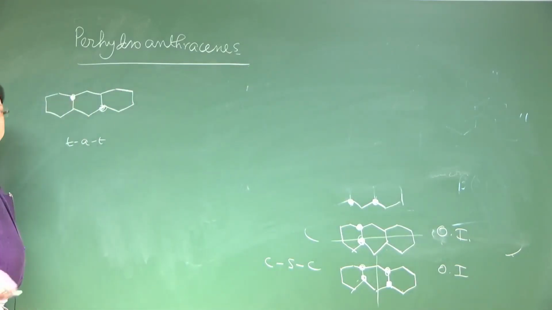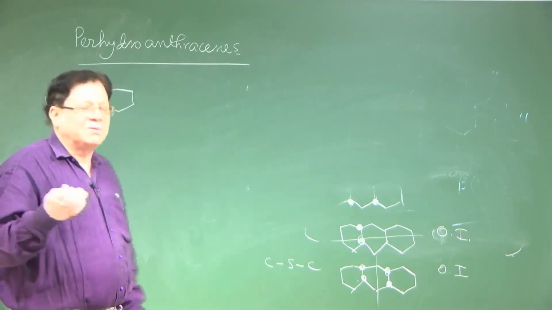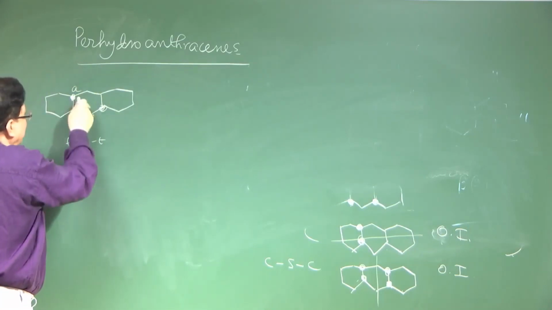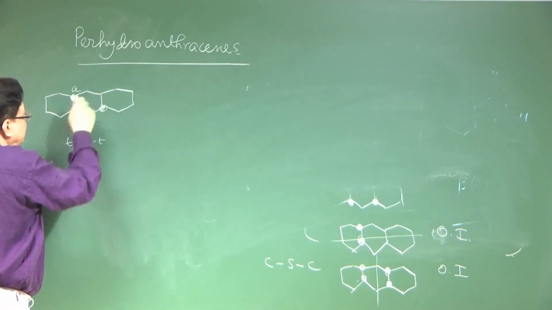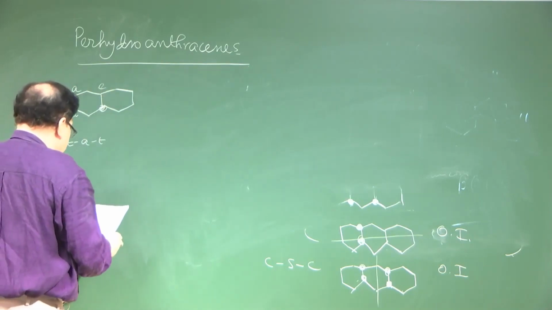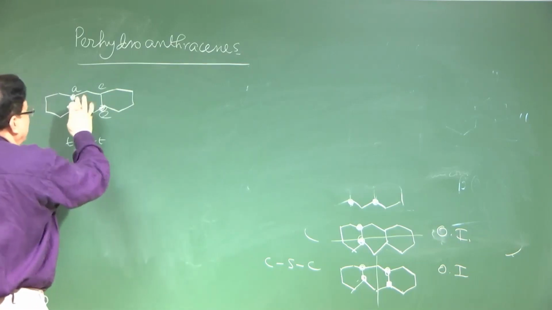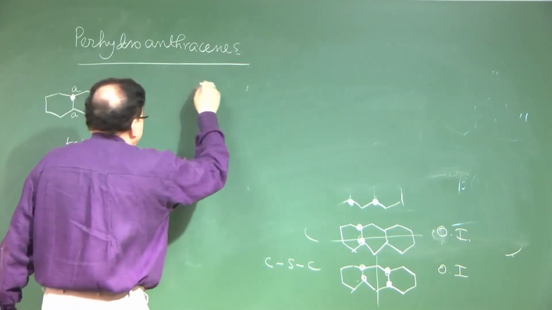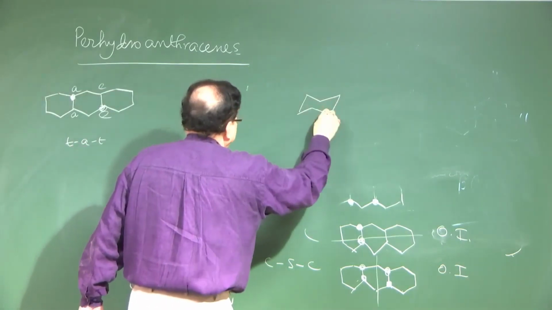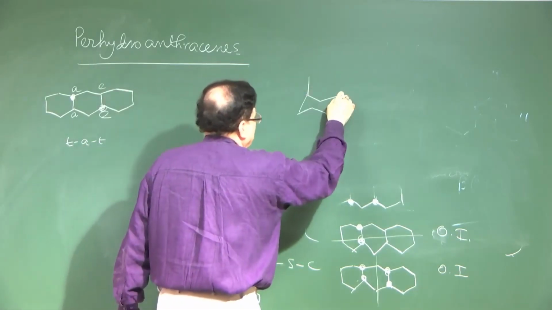Since it is a trans ring junction, you know that has to be diaxial. Okay. So, this is axial hydrogen, this is axial hydrogen, then this is 1-3 relationship. So, that will be equatorial, and that will be equatorial, because, remember, in a cyclohexane system, if you want to have 1-3 trans system, if one is axial, the other one is equatorial.